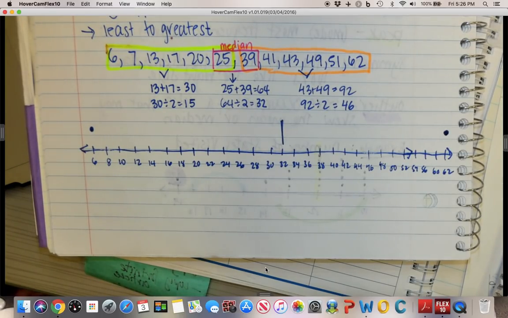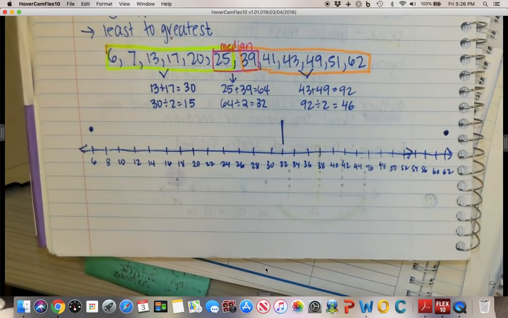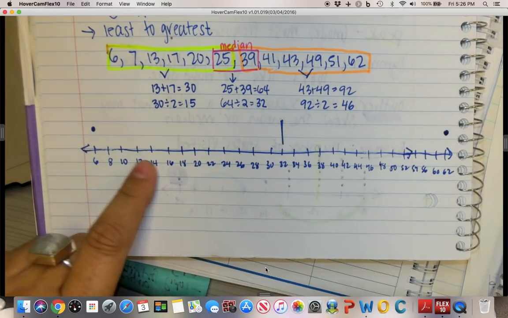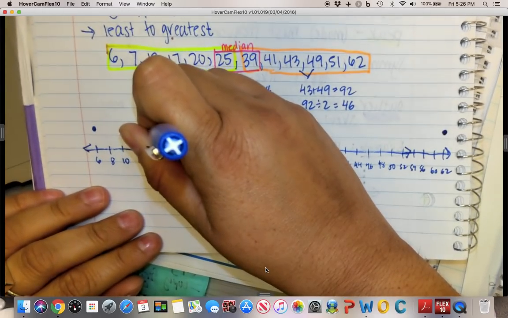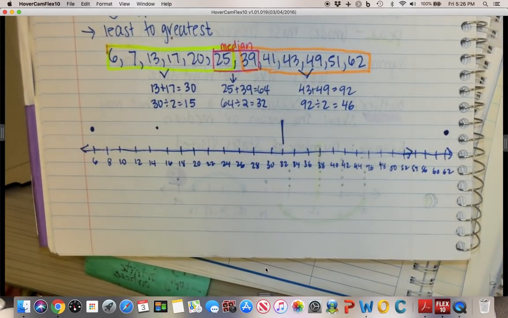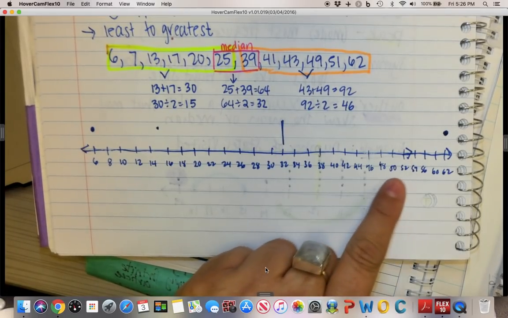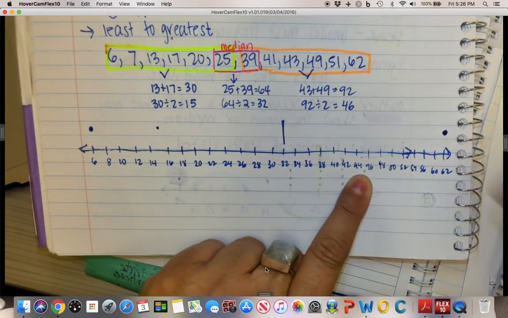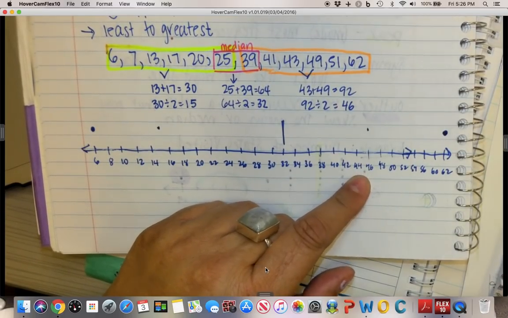I find my lower quartile, which is 15, and I'm going to go right here in between 14 and 16. I'm going to put a tiny little dot. It's going to later turn into a line. And then I'm going to find my upper quartile, which is 46. I'm going to put another tiny little dot, which will turn into a line.